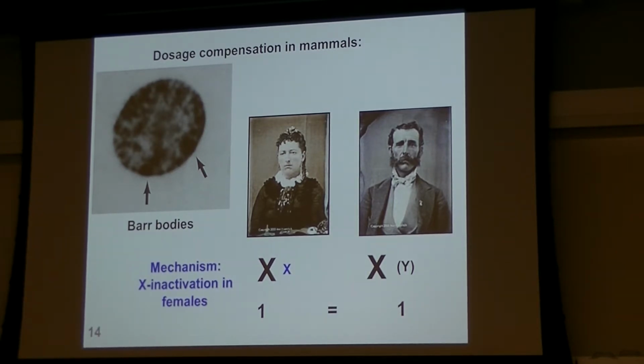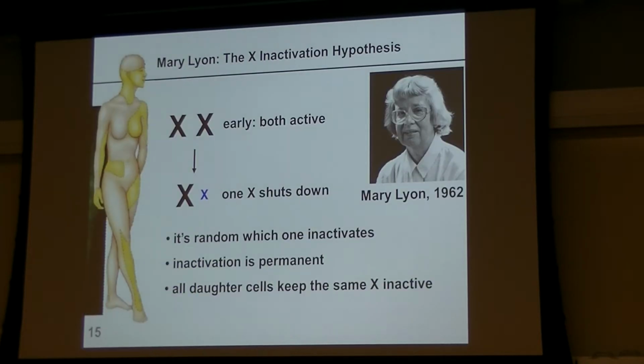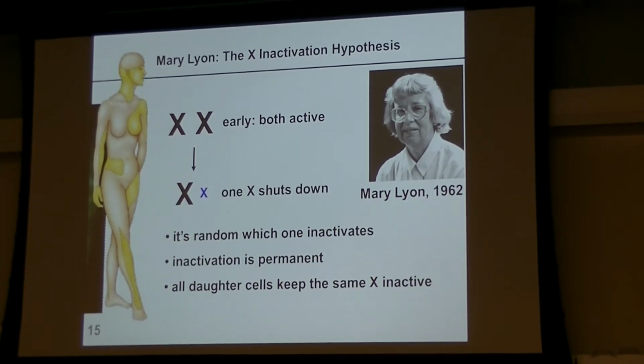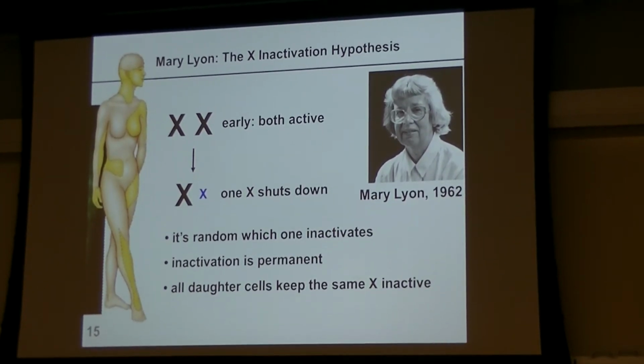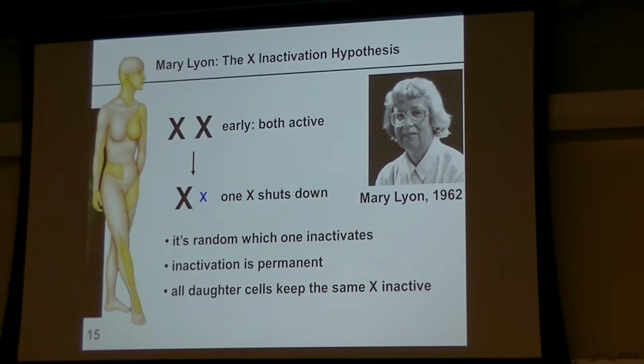So this is X inactivation, and Mary Lyon was a scientist who was studying this and figured out how it works. What happens is that in the very young embryos, in the 1-cell stage, 2-cell stage, and for the first early cleavage embryos, we initially have both X's present and being actively transcribed.